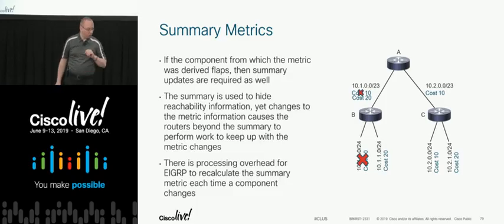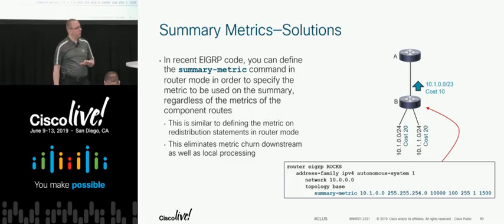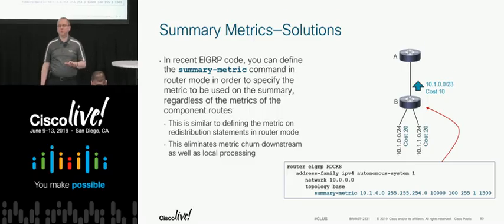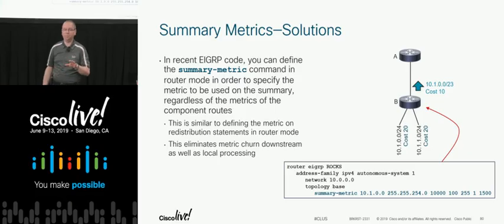Not useful. What we can do with the recent code, and this is implemented in the named mode, is to use the summary address command that will also allow you to specify the metric manually in those typical metric components: bandwidth, delay, reliability, load, and MTU, which we're not using, but it's still being advertised.